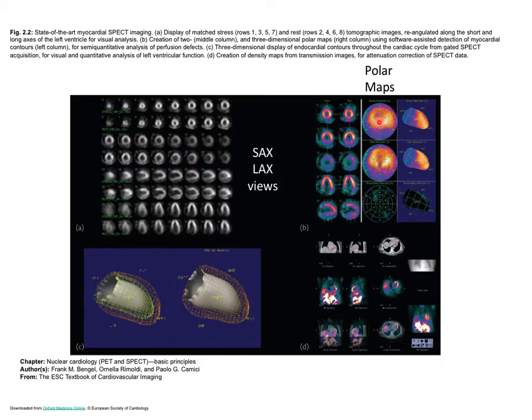And if I move in this direction, I'm looking at the septum. If I move in this direction, I'm looking at the anterior wall. This is the lateral wall out towards my left side, and then this is the posterior wall at 6 o'clock. So now you have the whole thing spread out in front of you as a 2D polar map. Sometimes this is called a bullseye plot for obvious reasons.